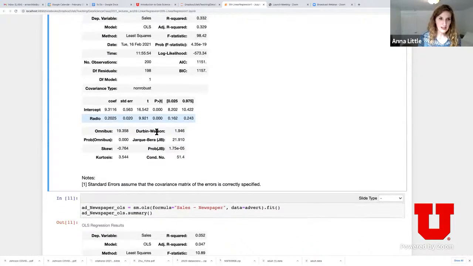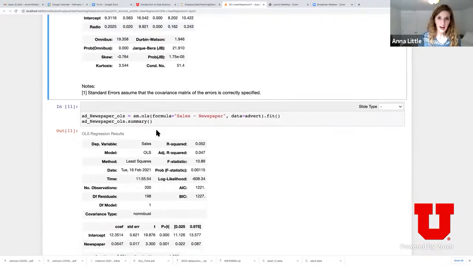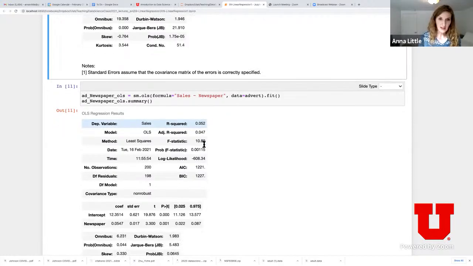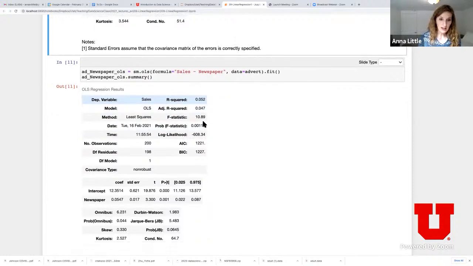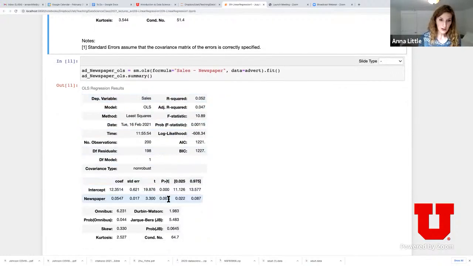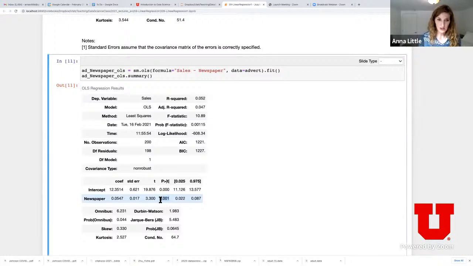Now we can repeat the same thing for newspaper. Here we get a really small R² value of 0.05. However, when we look at the p-value associated with the significance test for linear association between newspaper and sales, we do see significance. It's still 0.001.